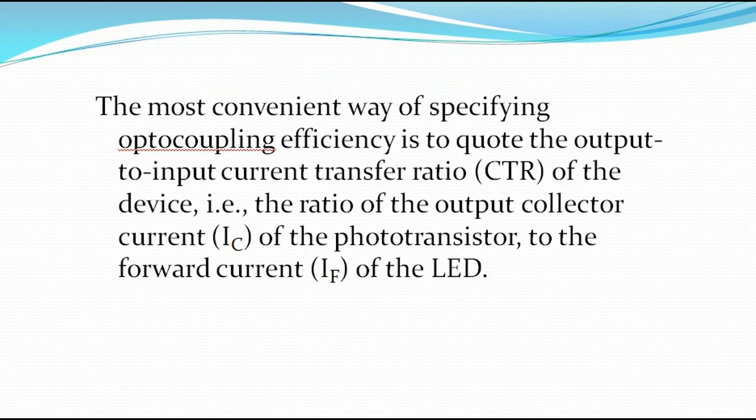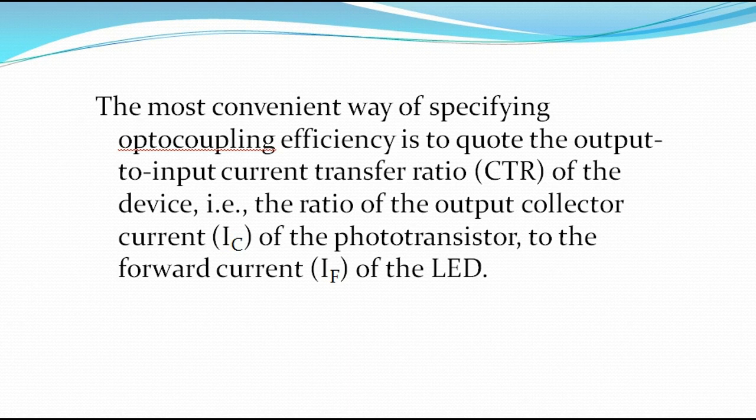It's not too much. Now, in this case, this IC, this current C, stands for collector current. Why? In terms of the forward current, F is forward, while this I stands for current in terms of the LED. Remember, the ratio of the output collector current, being the collector current of the phototransistor.